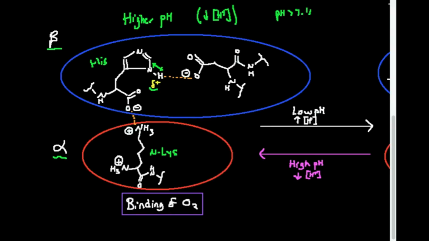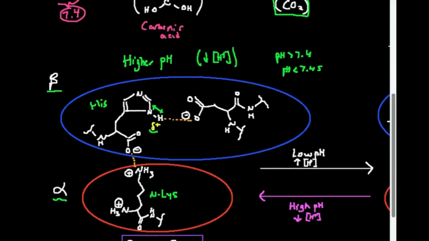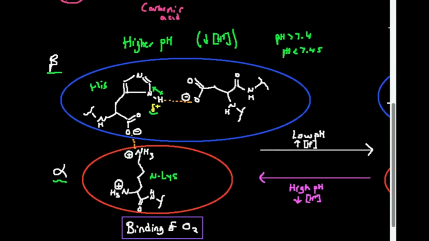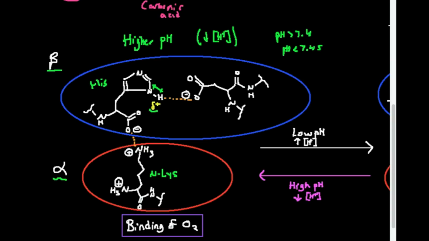Also, whenever there is a higher pH, and notice that means generally a pH greater than 7.4, but we're also going to say less than 7.45 because remember, it's buffered so it doesn't get above that. It's basically on the upper end of this range. So a higher relative pH causes the carboxyl group of this histidine, because this is the C terminus over here, to be deprotonated.